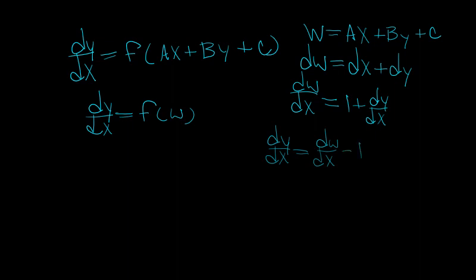So let's go back into our equation now and let's substitute that value in. So dy/dx, let me change colors here. Let's switch to yellow. So dy/dx, that is equal to (dw/dx minus a) over b, and that's f of w.